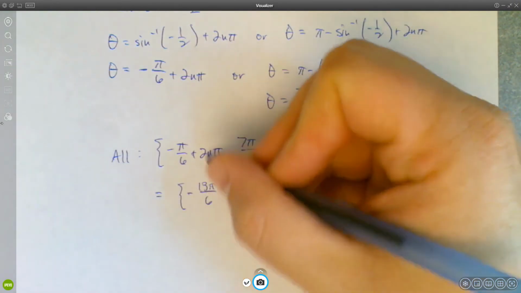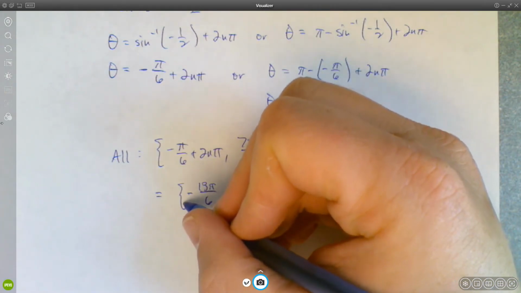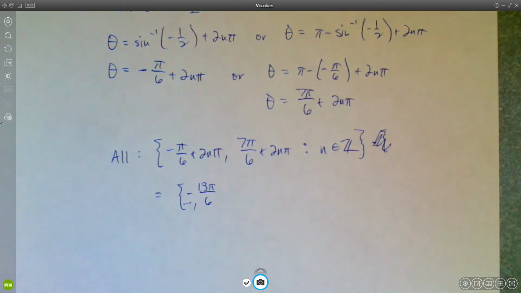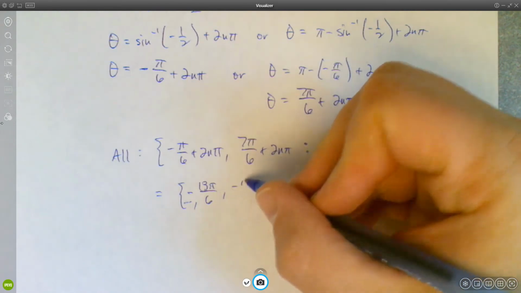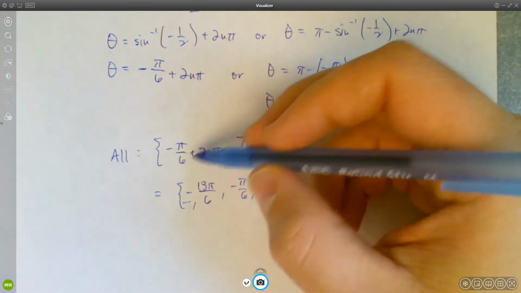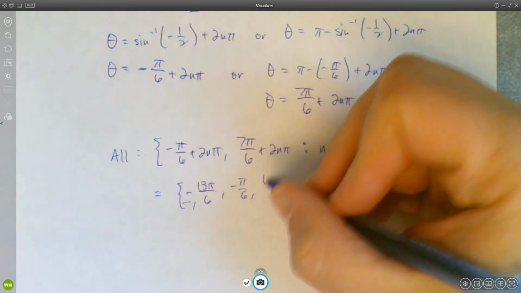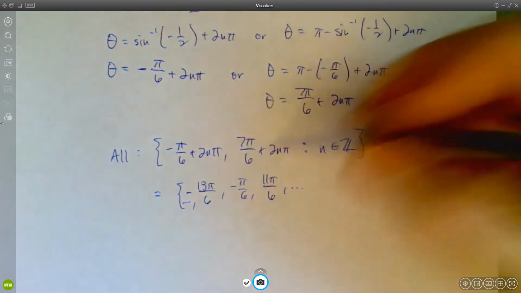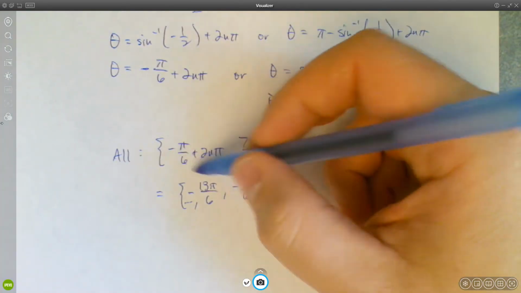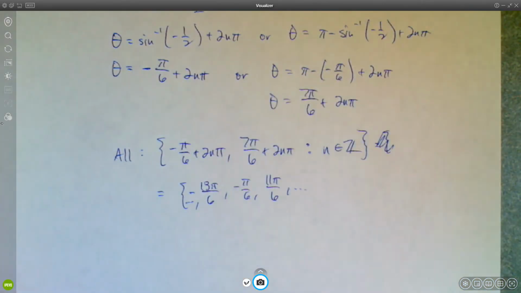If I plug in 0 for n, I get just -pi/6. There's a whole bunch of solutions that come before it, because I could plug in -3, -2, -1. And if I plug in 1, I get 12pi/6 minus pi/6, so 11pi/6. And so forth. Those are all solutions generated from this first set of solutions.